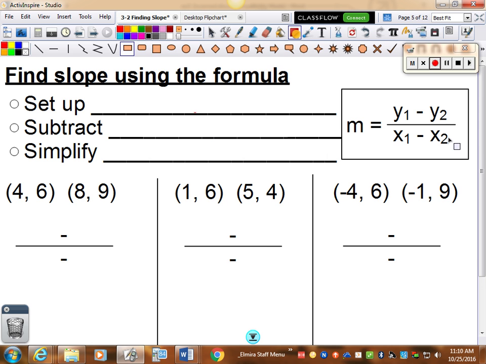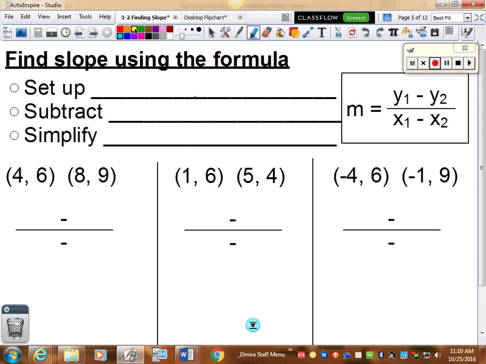Now, to help students set this up correctly, we're going to color code a little bit. In my class, I had you guys use highlighters, and I said we're going to highlight the top of the fraction in one color. So let's go to all of our formulas where I've set this up, and I'm highlighting all the tops.